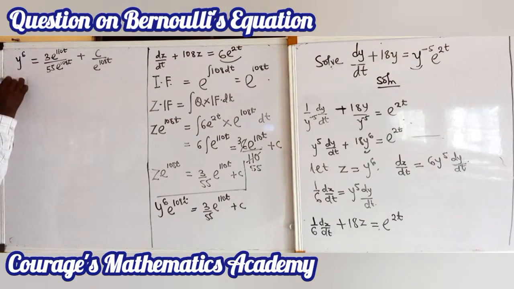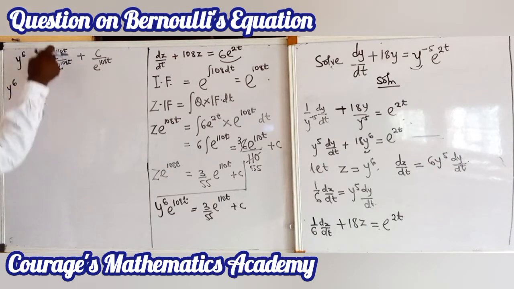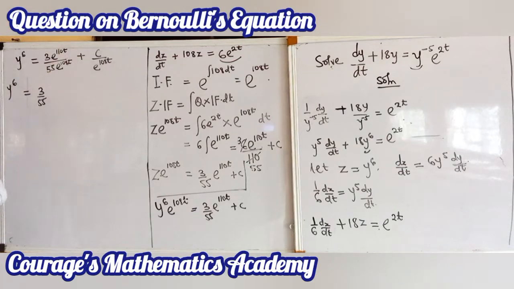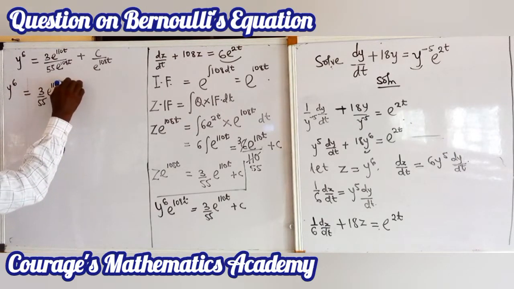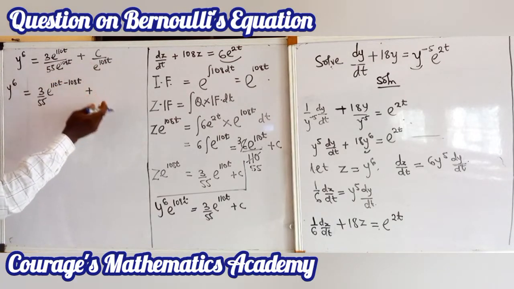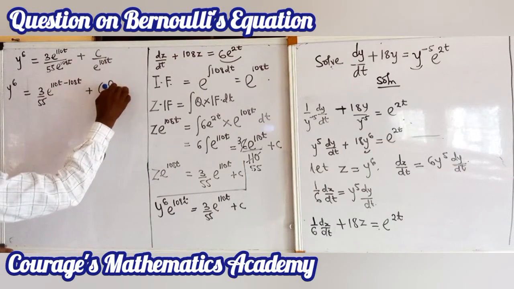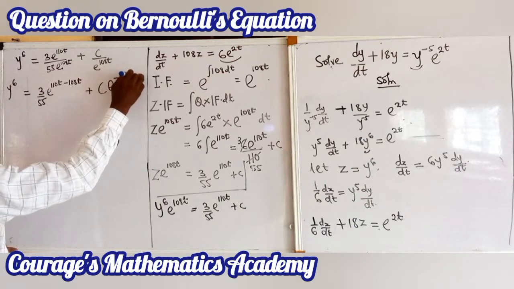So y to the power of 6 is equal to 3 over 55. e to the power of 110t over e to the power of 108t, by the laws of indices, is e to the power of 110t minus 108t, plus, by the law of indices also, I can write this expression as c times e to the power of minus 108t.